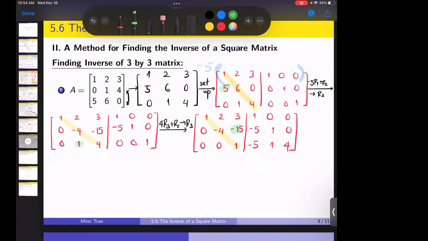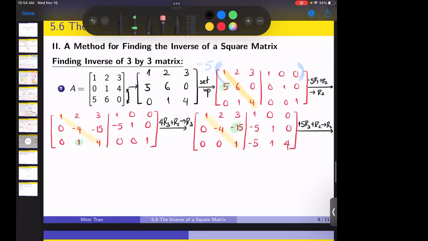The third one, right? You don't want to use row 1 because if you use row 1, you're going to change it. So use row 3. What should I multiply row 3 by? Yeah, 15, thank you. Sorry, I didn't hear that. 15 R3, add to R2, gives me the new R2.